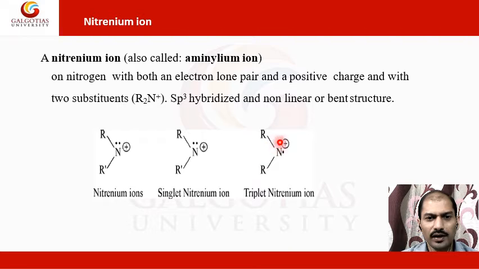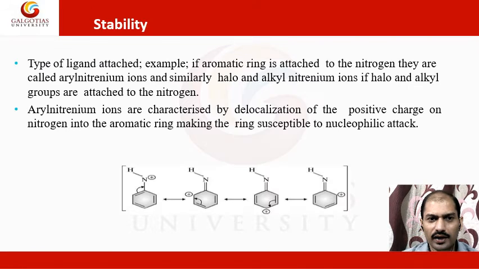Triplet means the electrons are in separate, different orbitals having the same spin, but here the spin of one electron is nullified by the other one. So this kind of structure can be seen for the nitrenium ions, which are also of great relevance.